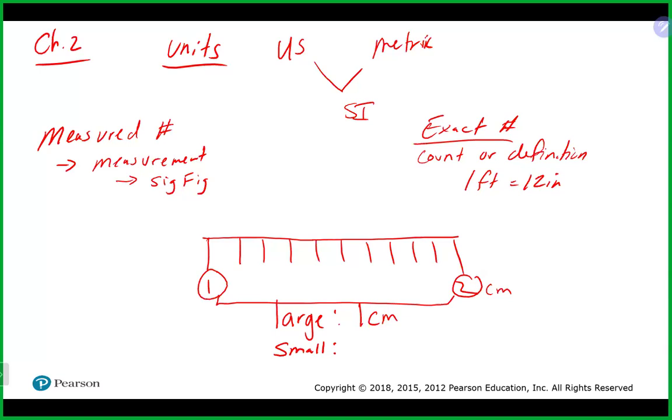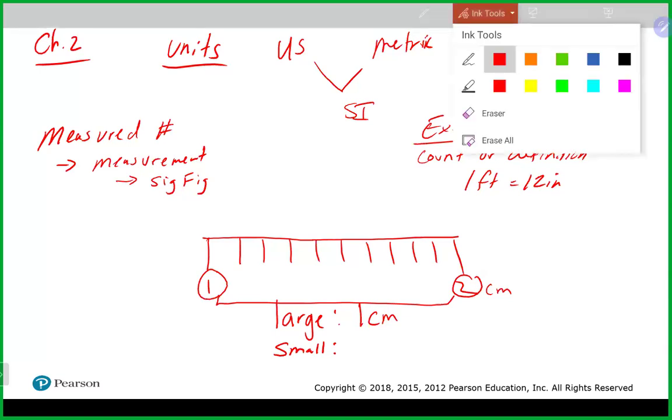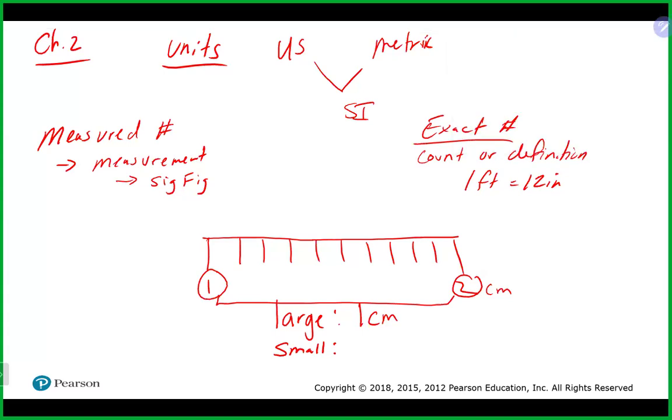Once again, we want to make sure that we count these properly. When we are counting the small markings, remember that we start counting after the last large marking, which means in this case, we would start counting here. So that'll be 1, 2, 3, 4, 5, 6, 7, 8, 9, and we would end at the next large marking, which would be 10 there.